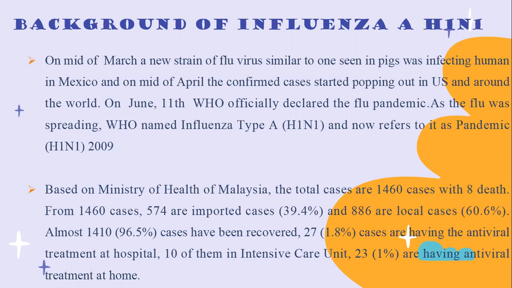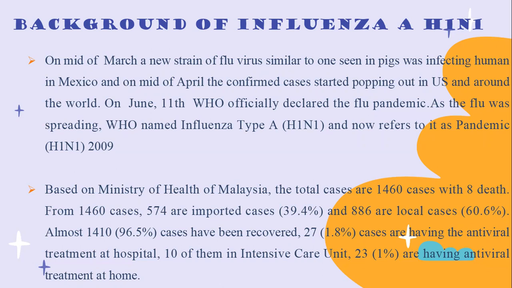As the flu was spreading, the World Health Organization named it influenza type A H1N1 and now refers to it as pandemic H1N1 2009. Based on the Ministry of Health of Malaysia, the total cases are 14,060 cases with 8 deaths.